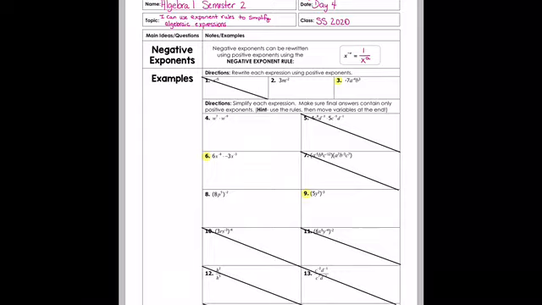Really what's happening here is if we had x to the 3rd over x to the 5th, one way to simplify this would be to subtract those exponents. And if we subtract those, we end up with a negative exponent.